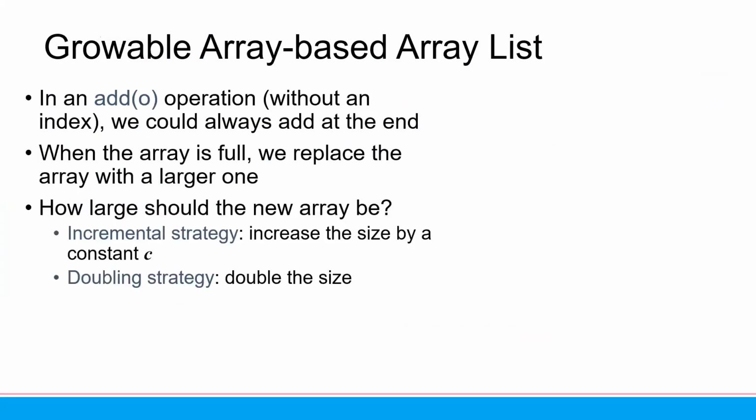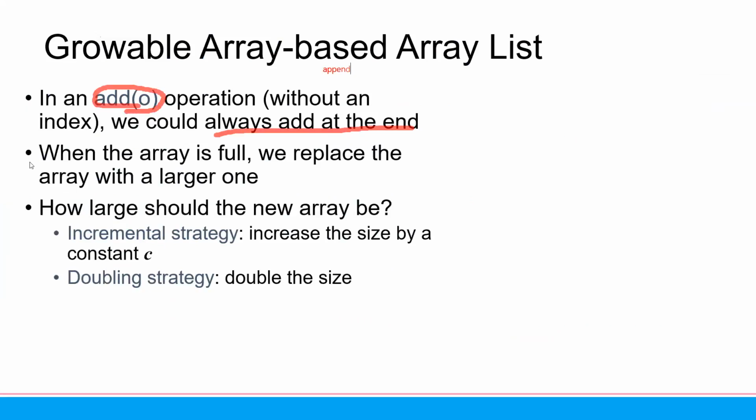So for the add operation, if we don't have any index here, it means it will always be added at the end. So this is the same as append. When we append, it will always be at the end of the list.